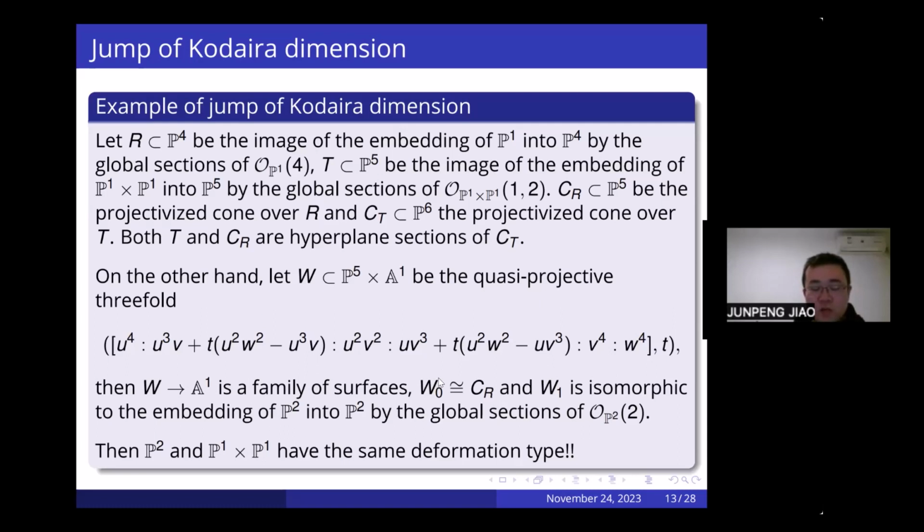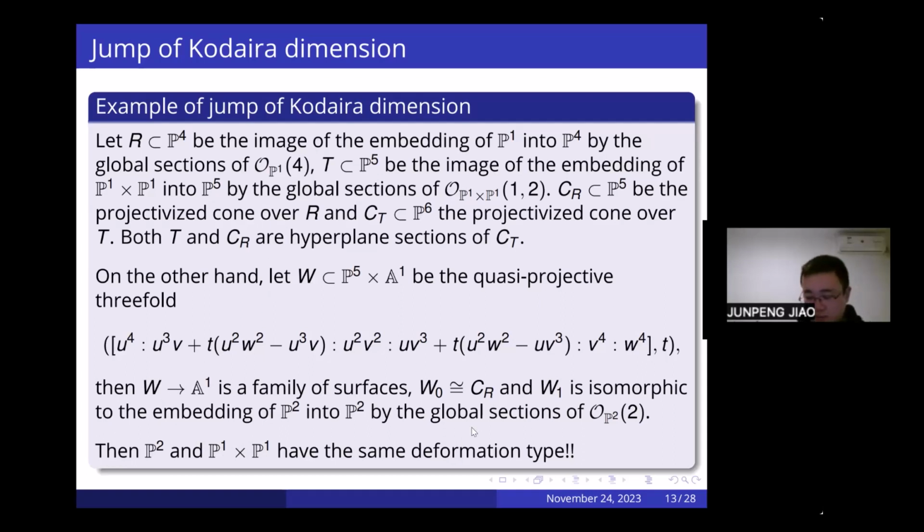And when t equals 1, we can see W_1 is isomorphic to the embedding of P^2 into P^5 by the global sections of O(2). Then from these two examples, we see that P^2 and P^1 × P^1 have the same deformation type.